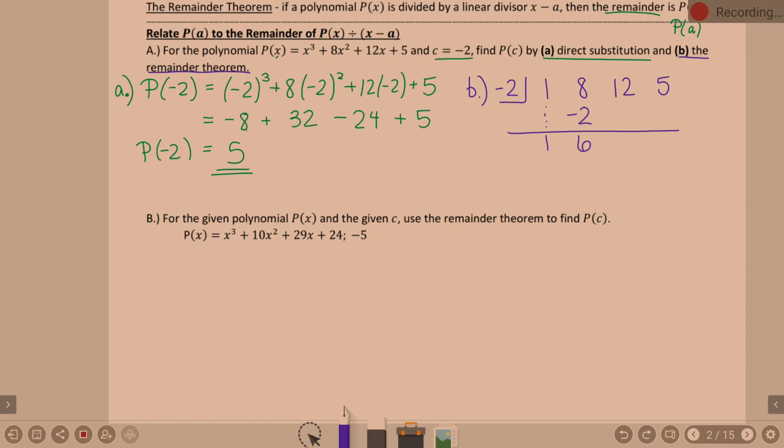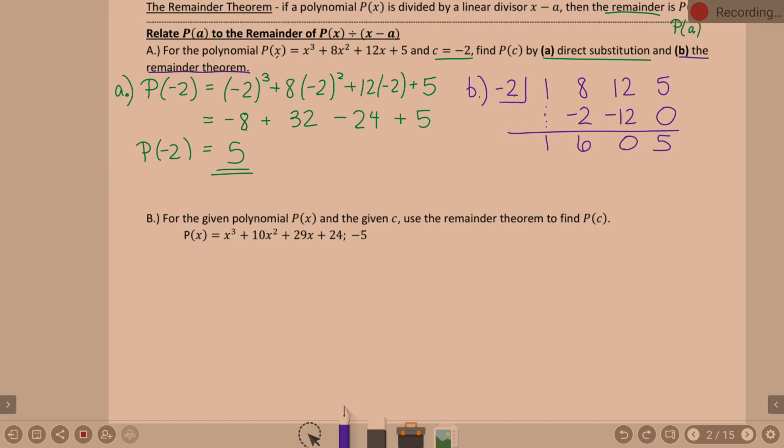Negative 2 times 6 is negative 12. 12 plus negative 12? 0. Negative 2 times 0 is 0. And then 5 plus 0? 5.